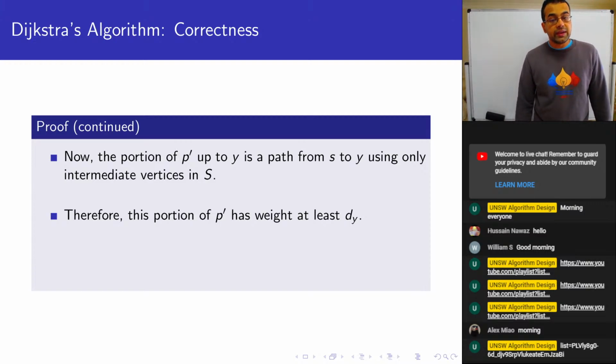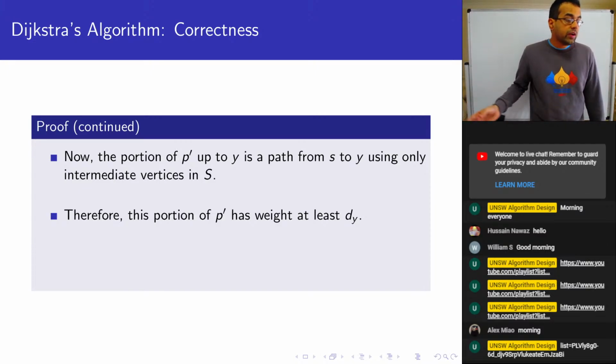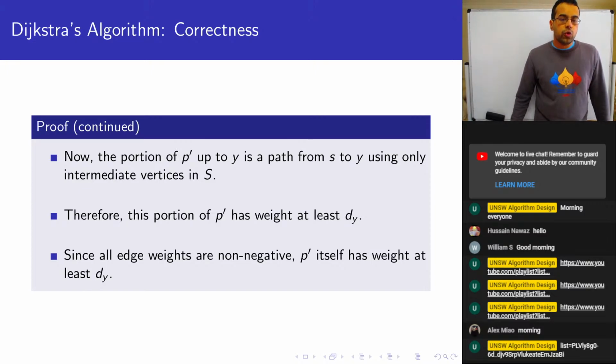So P dash, just considering the part of P dash up to the vertex Y, has length at least d sub y, and as we continue on from Y to V, we take some more edges. Each of those edges contributes non-negative edge weight, and so the whole path P dash, the bottom route from S to Y and then on to V, also has weight at least d sub y.